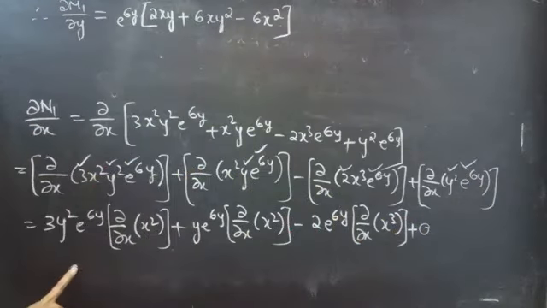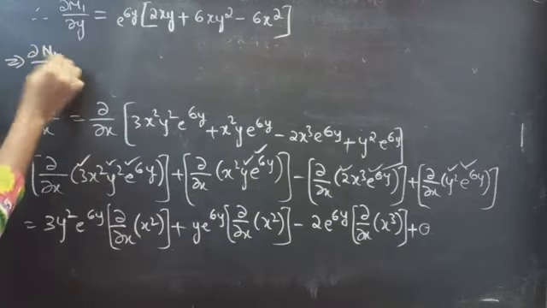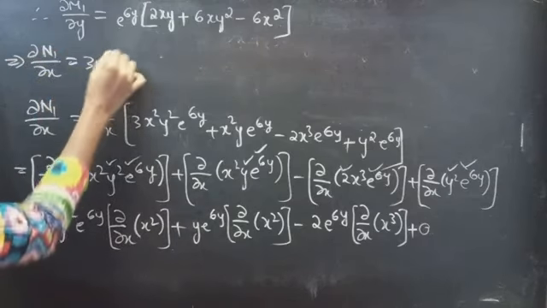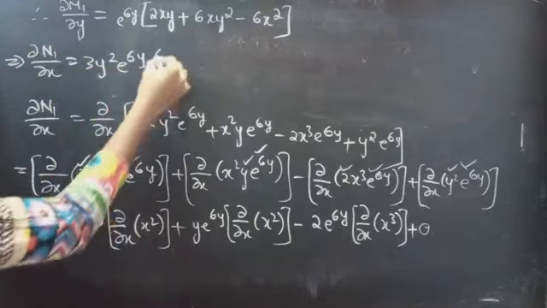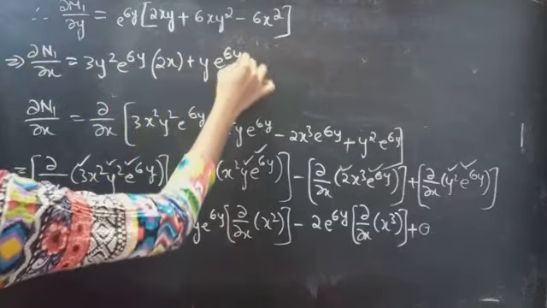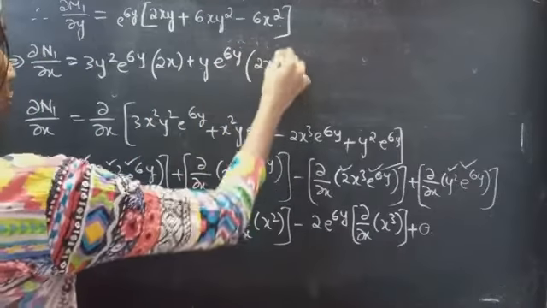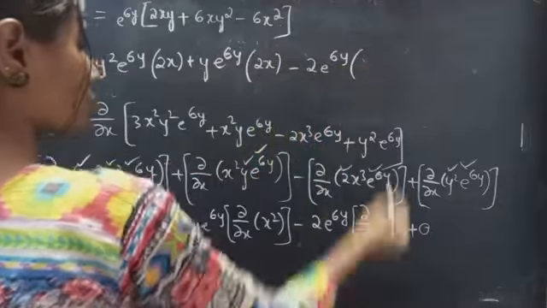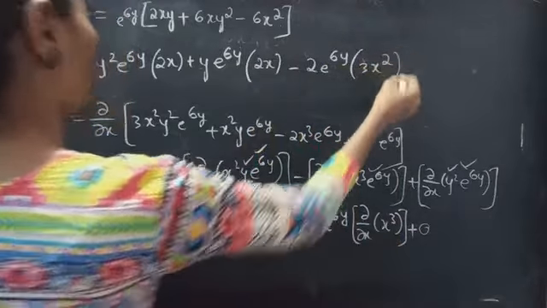This becomes 3y square e power 6y into the partial derivative of x square with respect to x, which is 2x, plus y into e power 6y into the partial derivative of x square with respect to x, which is 2x, minus 2 into e power 6y into the partial derivative of x cube with respect to x, which is 3x square.